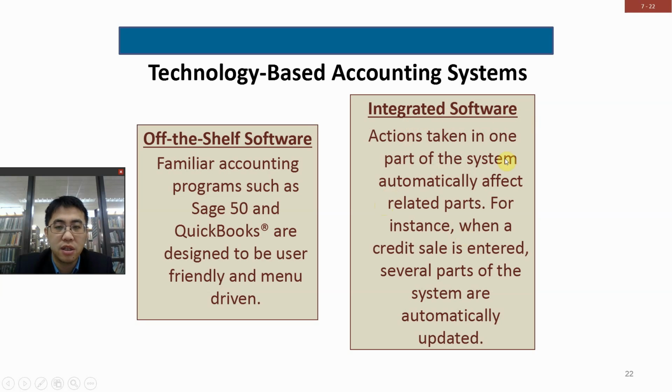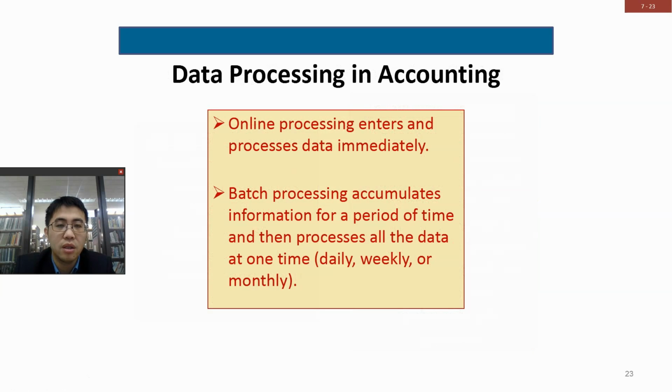That means this accounting software is merged with the existing system of the company, so that's unique. You also need to conduct online data processing, so the work is done immediately. And you can also batch the processing and do all the information on a periodical basis, like daily, weekly, or monthly.